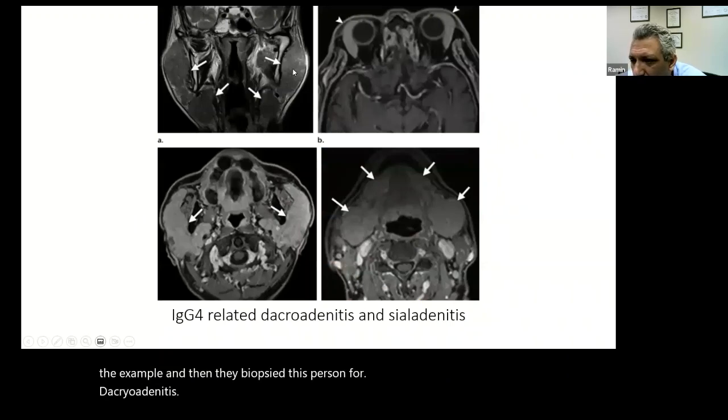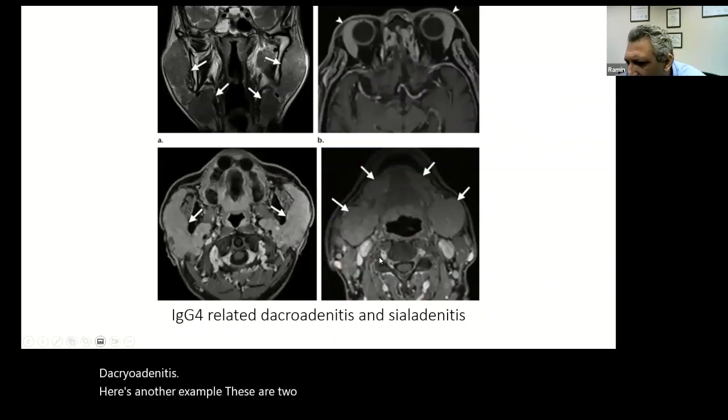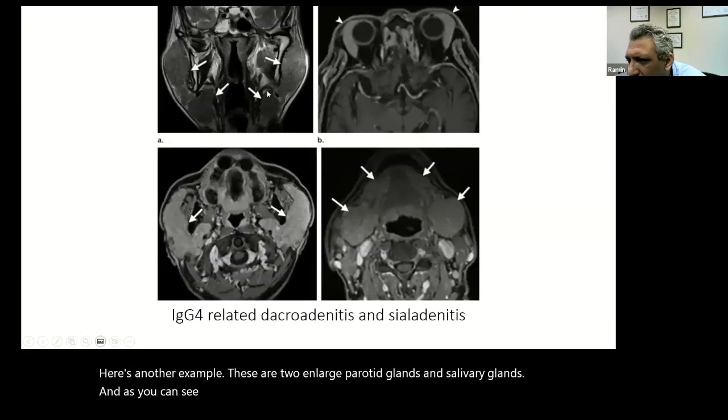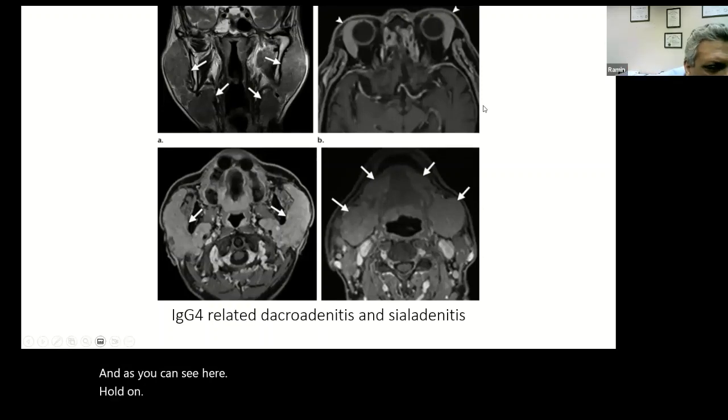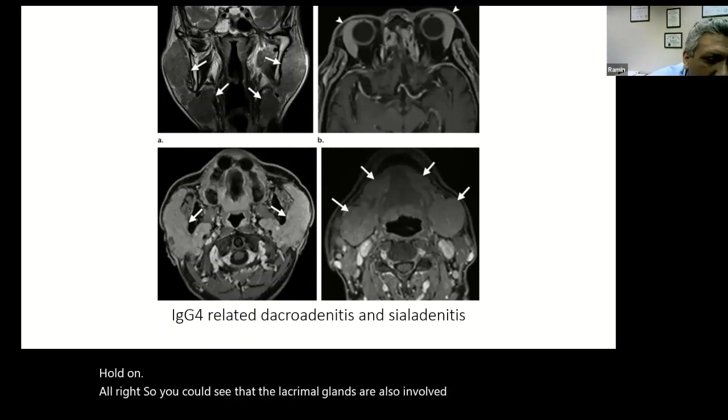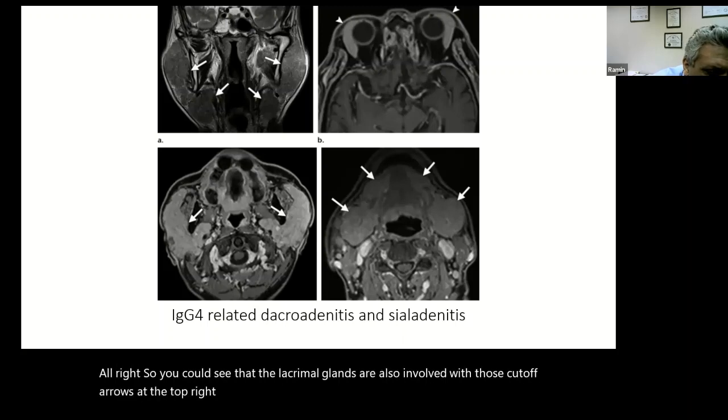Here's another example. These are two enlarged parotid glands and salivary glands. All right, so you can see that the lacrimal glands are also involved with those cut off arrows in the top right picture, and they do look symmetric.